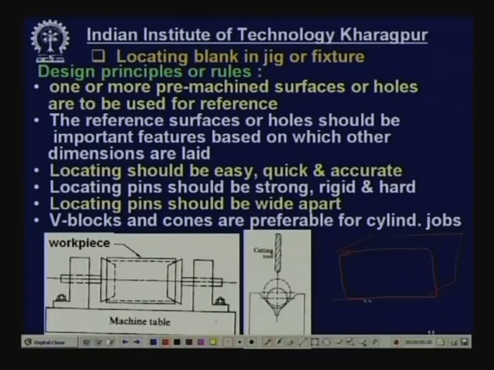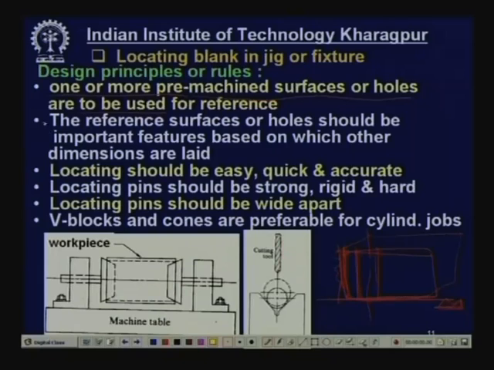So, first you machine one surface and bring it to a flat surface. You can machine another surface, and using these 2 surfaces you locate. You can make some hole also initially, which will be used for locating purposes. So, it is said that one or more pre-machined surfaces or holes are to be used for reference. This is a must.